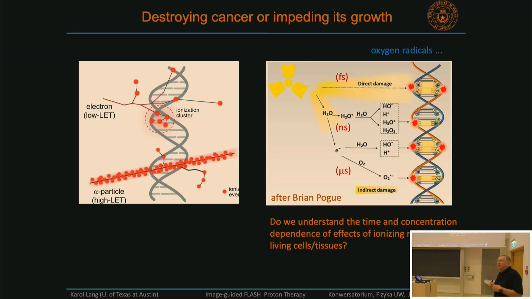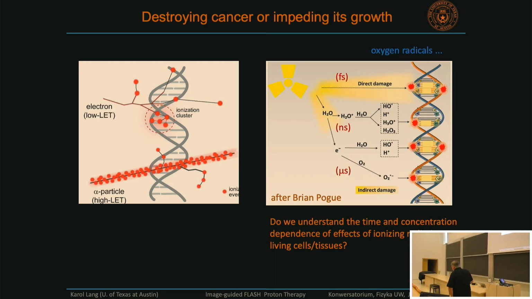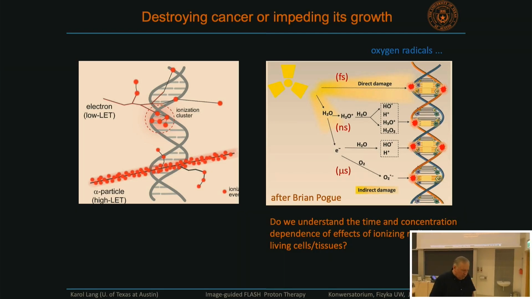There is creation of all kinds of oxygen radicals, something that is usually referred to in chemistry as ROS, reactive oxygen species, which are essential, it turns out, in interacting with not only DNA, but lots of other elements in cells.